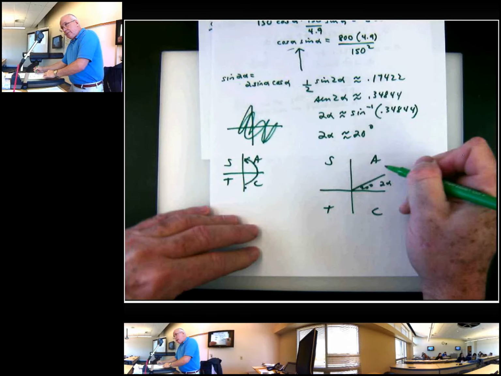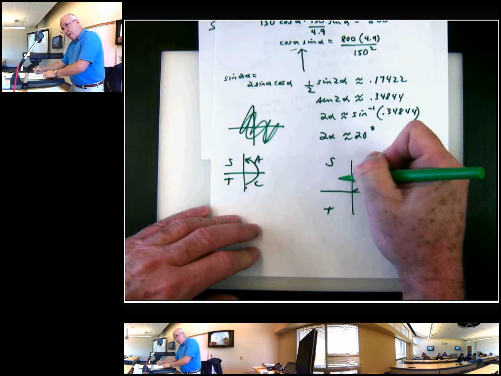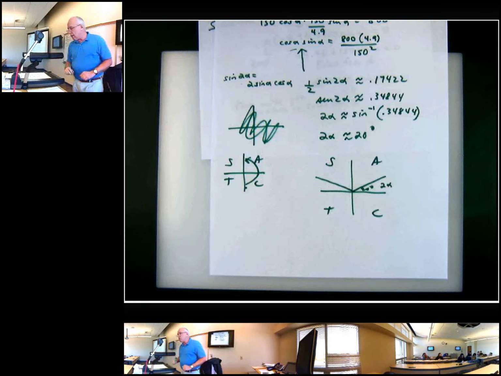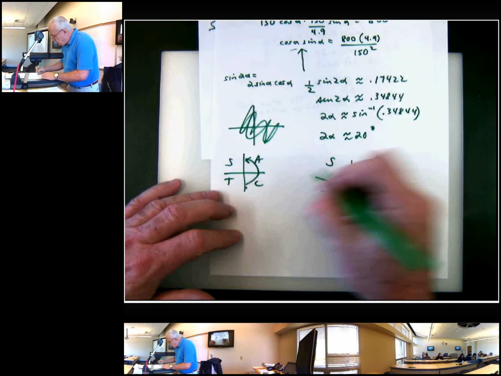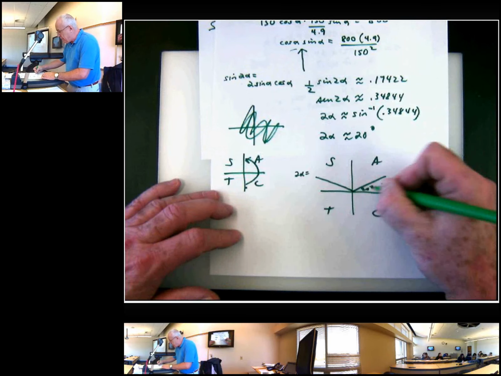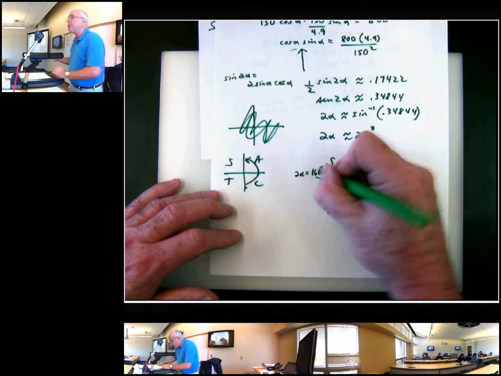Sine is positive in the first quadrant, sine's also positive in the second quadrant. So if we just draw like this, 2 alpha can also equal 180 minus 20, 160 degrees.